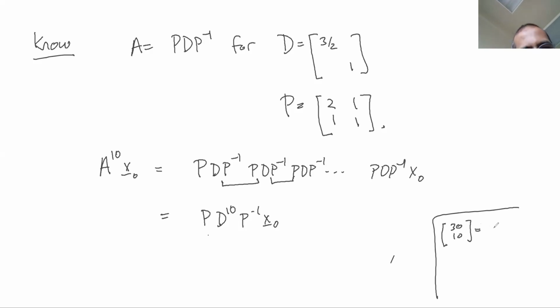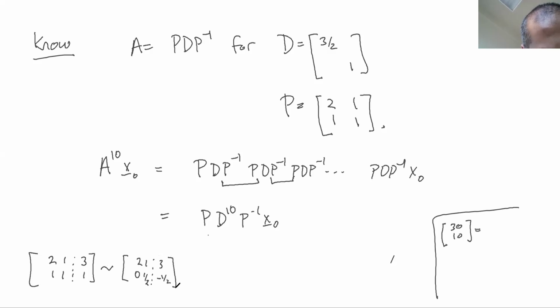Okay, fine. I'm running out of time, but I'm just going to row reduce it here. So you have 2, 1, 1. Let's just do 3, 1 because it's the same as 3, 10. Now you subtract half the first row, so you get minus half, right? So then what do you get? You get that x2 equals minus 1.